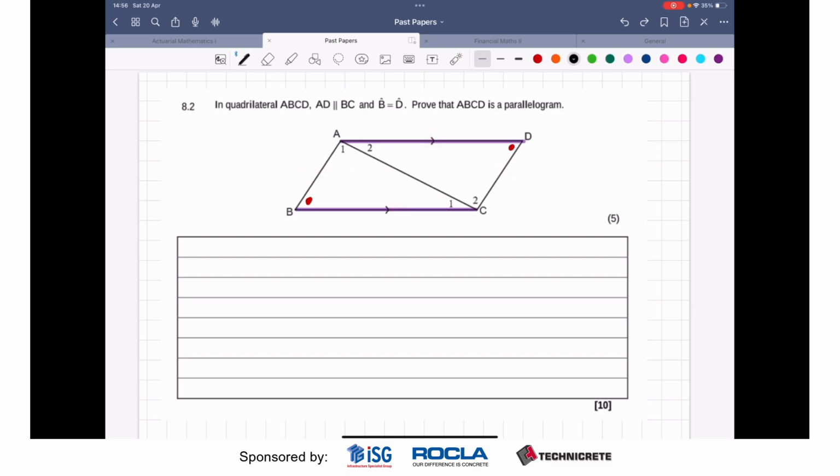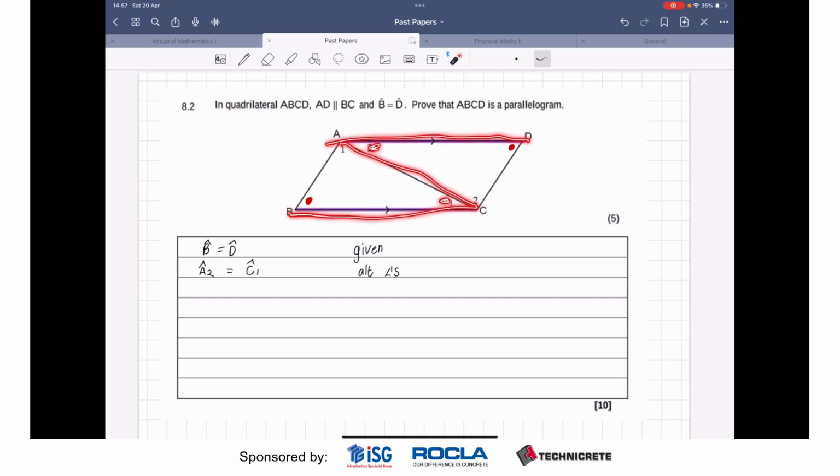So I'm going to start with angle B being equal to angle D, and that was given. Then I can say angle A2 is equal to angle C1, and that's from alt angles, and it's from these parallel lines, the AD and the BC. And then AC is common, and that was given.